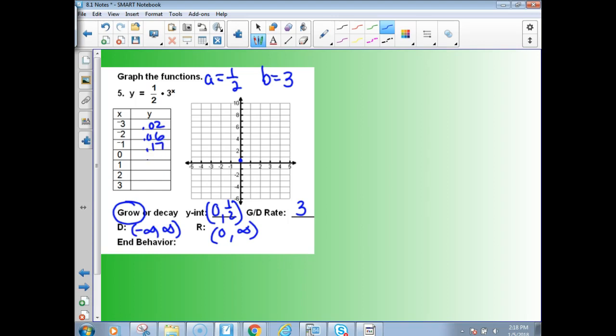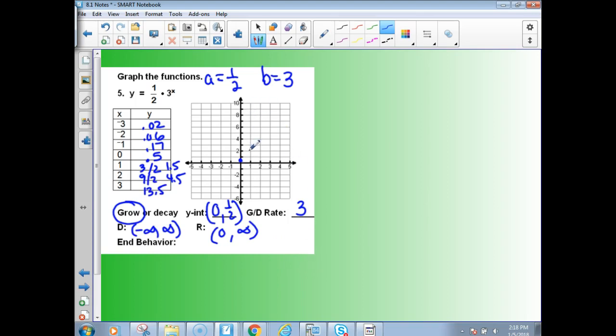If you put in 0, you get the 1/2, or 0.5. If you put in 1, you're going to get 3/2, or 1.5. If you put in 2, you're going to get 9/2, or 4.5. And 3 would give you 27/2, or 13.5.